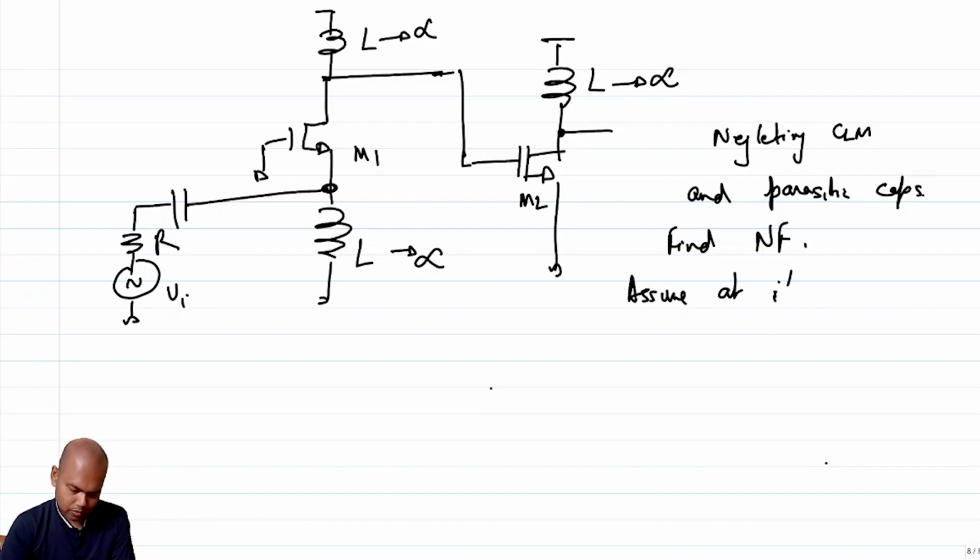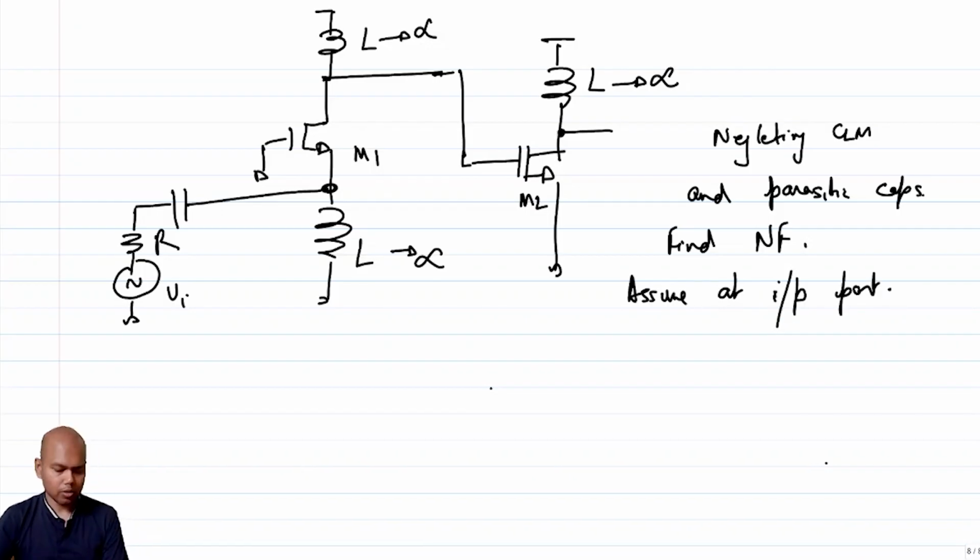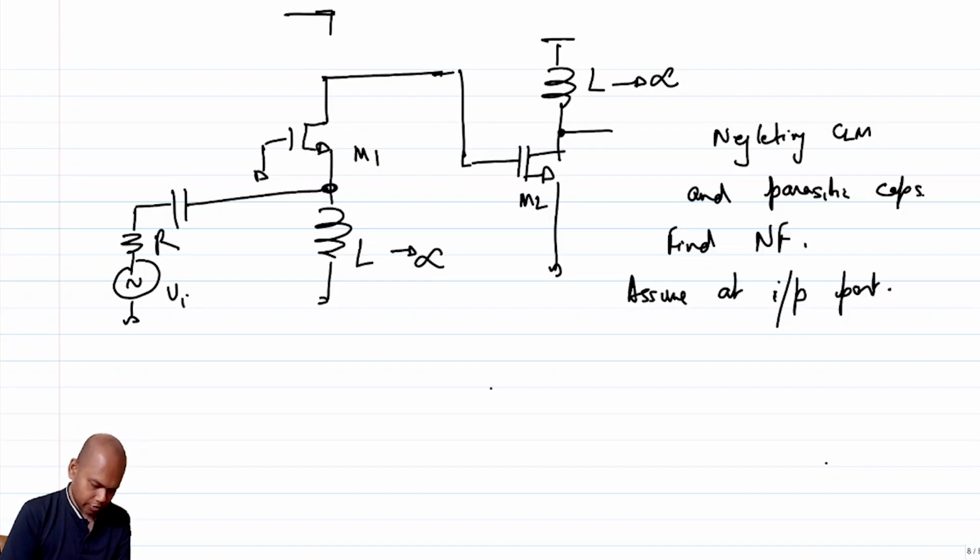Assume the input port is matched. Very simple to do, but it will give you an idea of the cascaded system noise figure. Okay, and also, you don't have to neglect CLM. So instead of doing L equal to infinity, let's say there is an R1 and there is an R2.